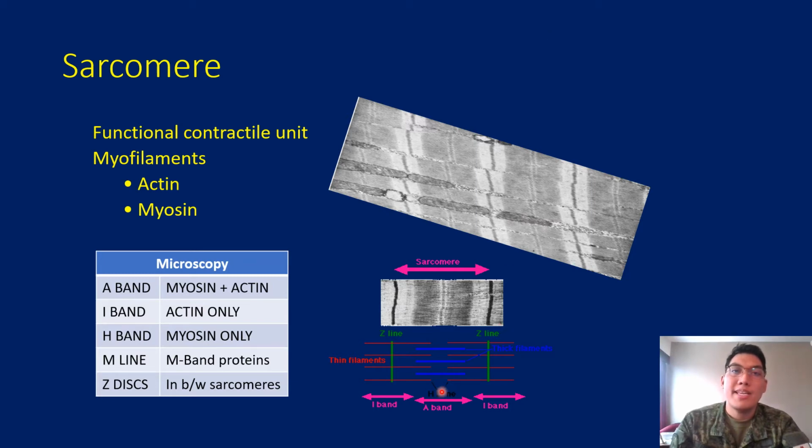The H band or H zone corresponds to the myosin filament segment where there are no interdigitating actin filaments. The M line represents connections between adjacent myofilaments, and the Z disc, or Z line, represents attachments of adjacent sarcomeres.